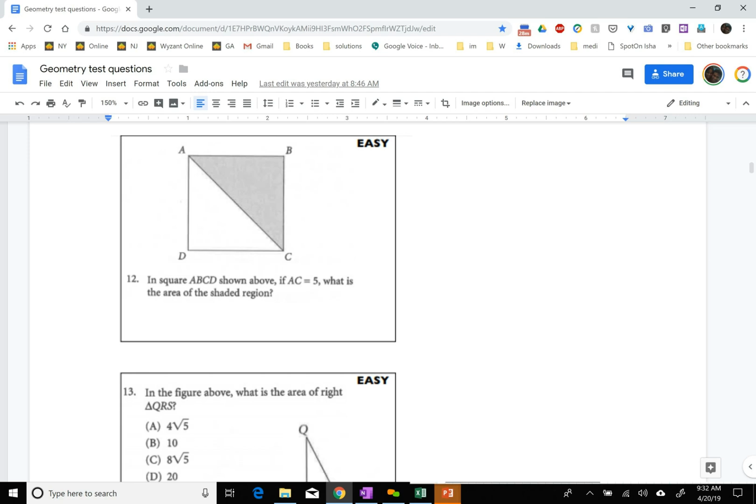What did you say? 6 for the area? Close to 6, but not exactly 6. Did you guesstimate or something?